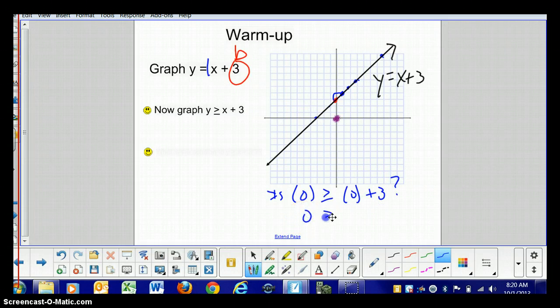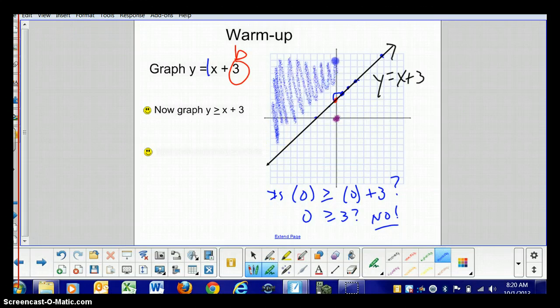Is 0 greater than or equal to 3? No, I don't think so. Therefore, I will shade the other half of the line. And I'll use crayon. So there's the solution set that satisfies the inequality y is greater than or equal to x plus 3.